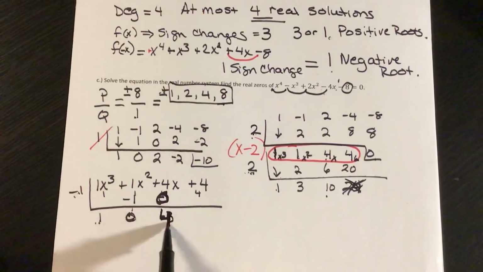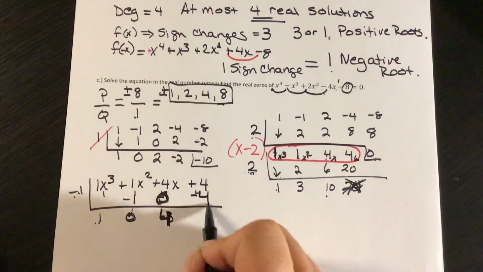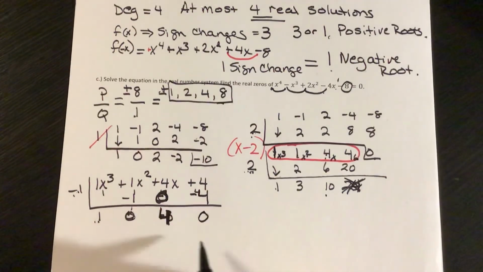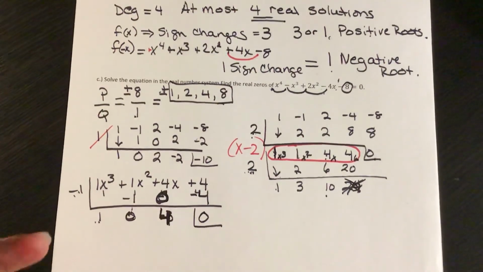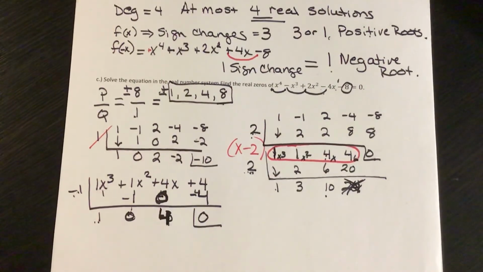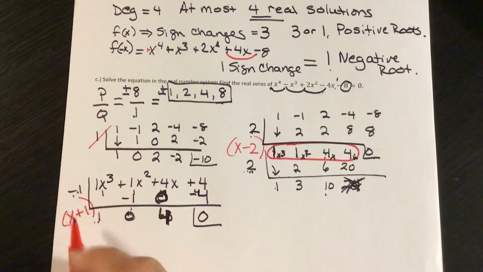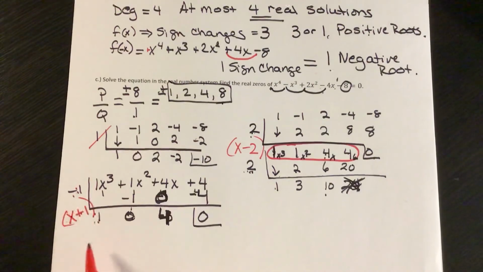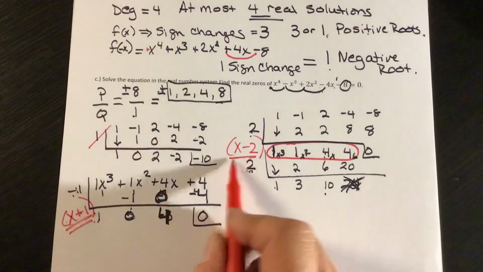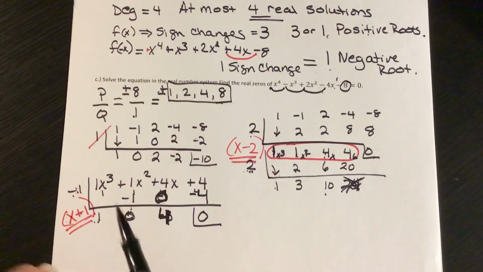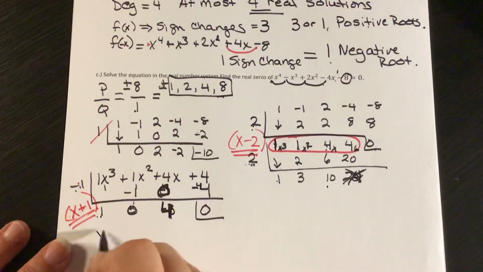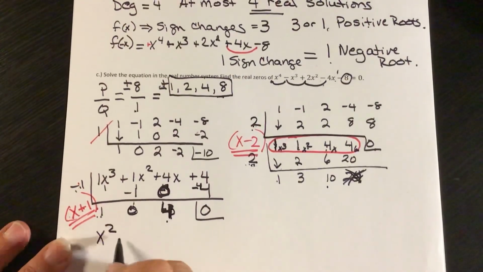And then negative 1 times 4 is negative 4. Add, I get 0. So this tells me that x plus 1, because it's x minus negative 1, is a factor. And what is left is just x squared plus 4.